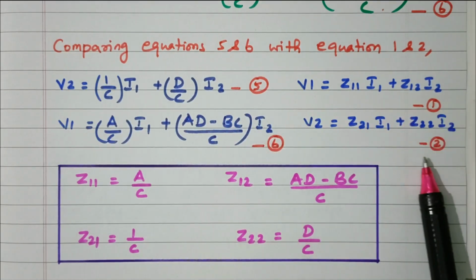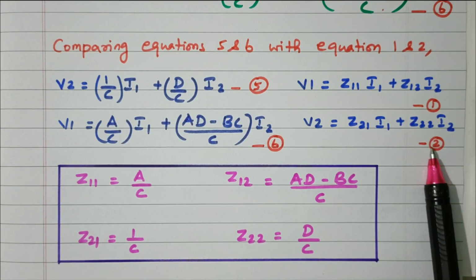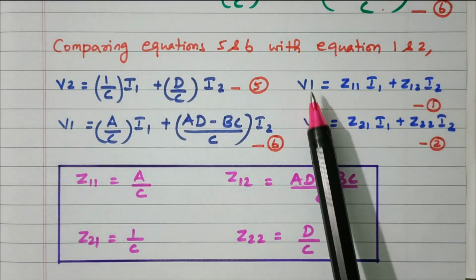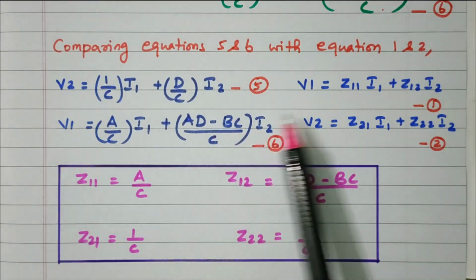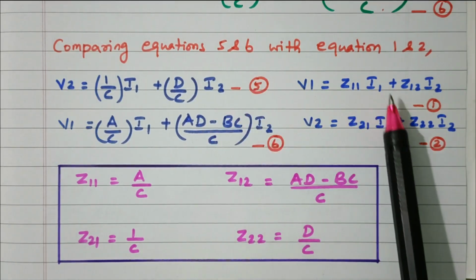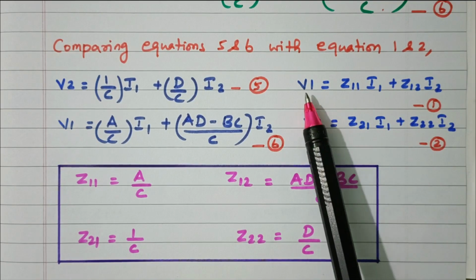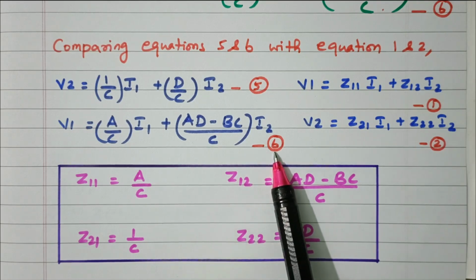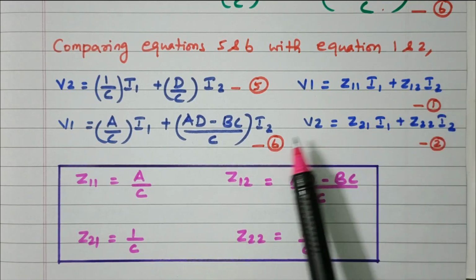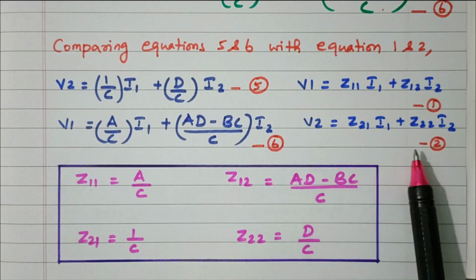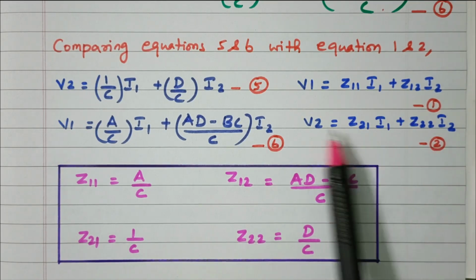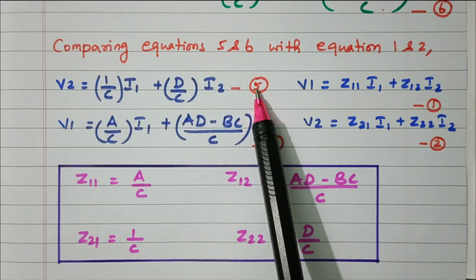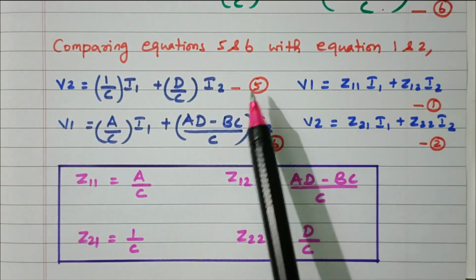So these are equations 1 and 2, the impedance parameters, open circuit impedance parameters, V1 and V2. V1 is available in equation 1 and V1 is available in equation 6, so we need to compare equations 1 and 6. Similarly, V2 is available in equation 2 and in equation 5, so we need to compare equations 2 and 5.